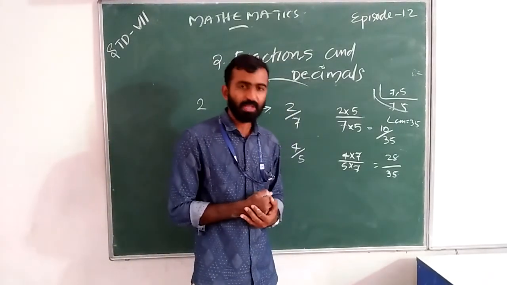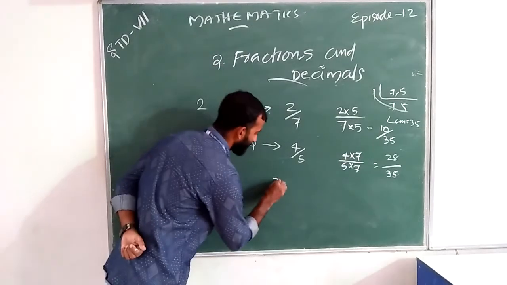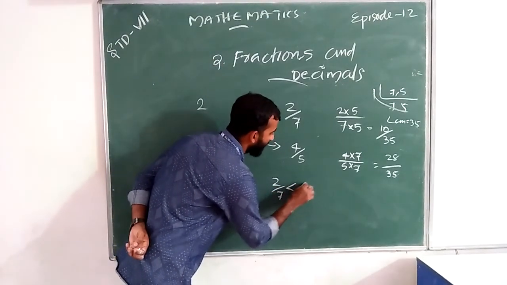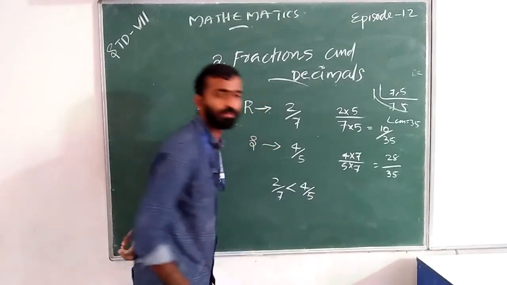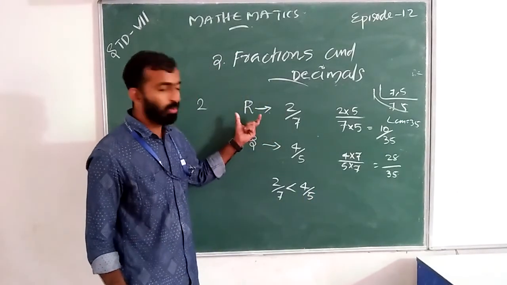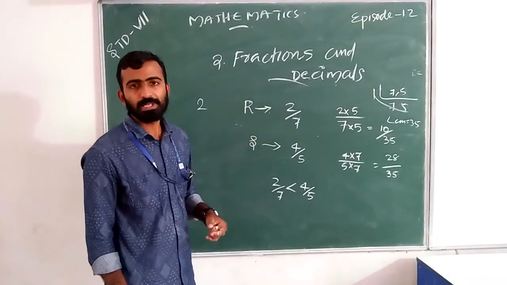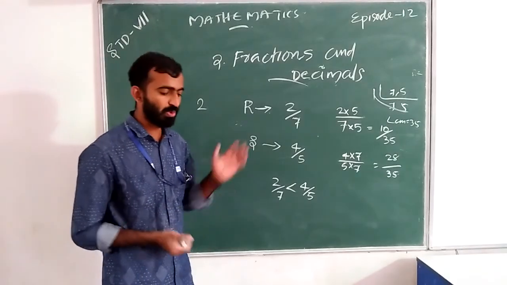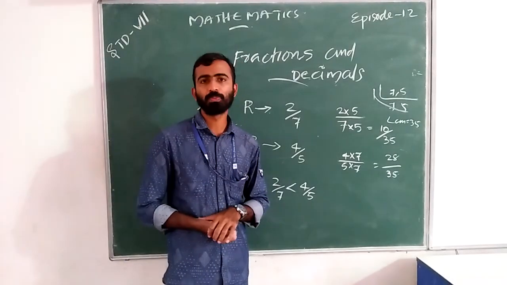Yes, Ramesh. That is, we can write 2 by 7 is less than 4 by 5. So Ramesh solved lesser. This is the solution for example 2.